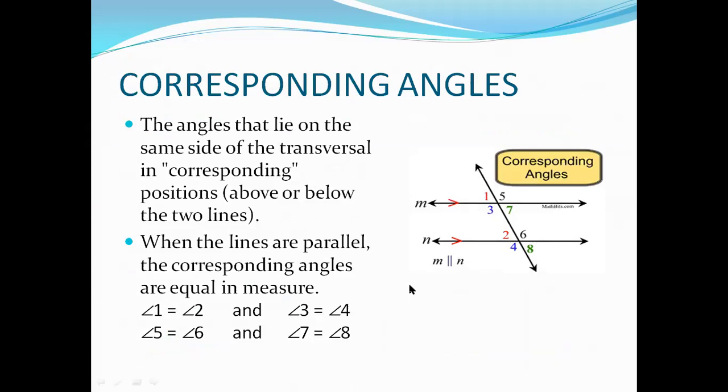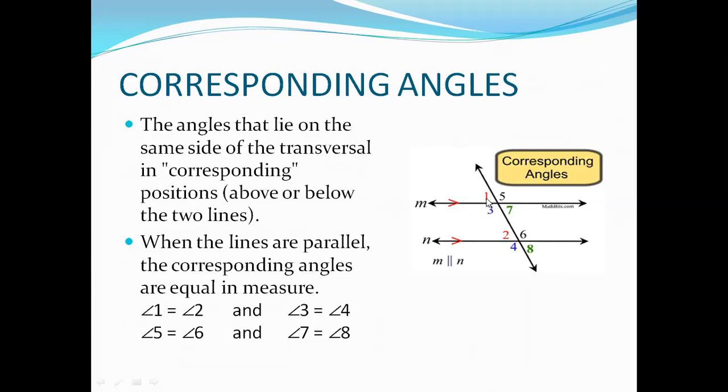Also, the position of the corresponding angles will be either above the parallel lines or below the parallel lines. या तो दोनों एंगल पैरेलल लाइंस के ऊपर होंगे या पैरेलल लाइंस के नीचे होंगे. Corresponding angles will be the angles जो ट्रांसवर्सल के सेम साइड पर हो, या तो लेफ्ट हैंड साइड पर हो या राइट हैंड साइड पर, और पैरेलल लाइंस के ऊपर हो या नीचे हो.